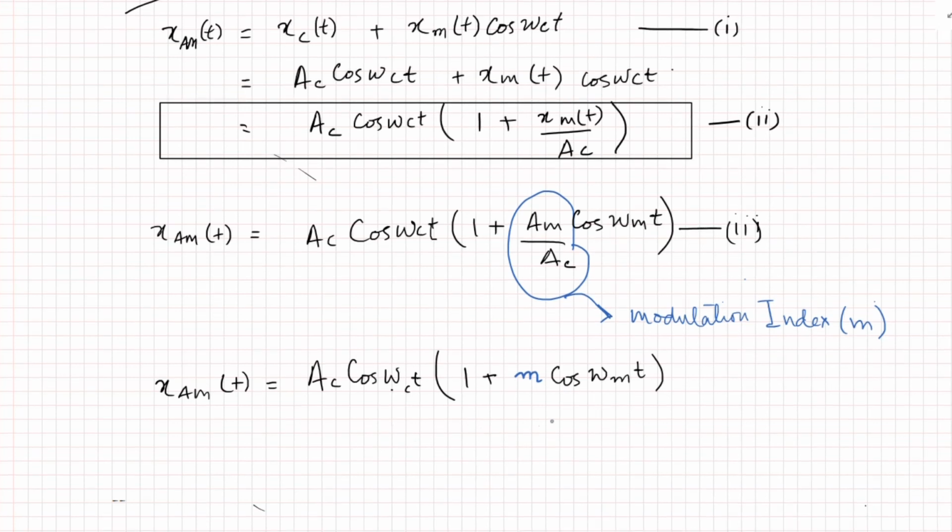In amplitude modulation, the value of modulation index varies between 0 and 1.